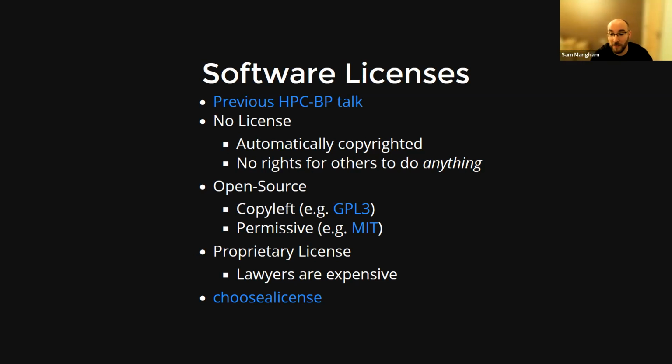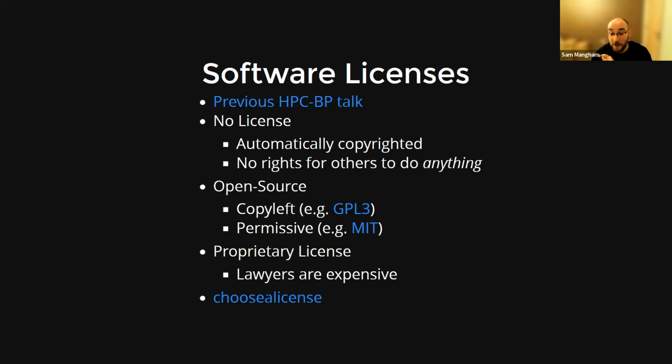At the other end of the spectrum, there are open source licenses that give others the right to copy, modify, and distribute your code, but without any assumption of liability. These come in two flavors: copyleft, which requires that any future modifications to the code are also open sourced in copyleft, and permissive licenses that generally don't require that. It's just, you can do whatever you want, but I don't have any liability for it.